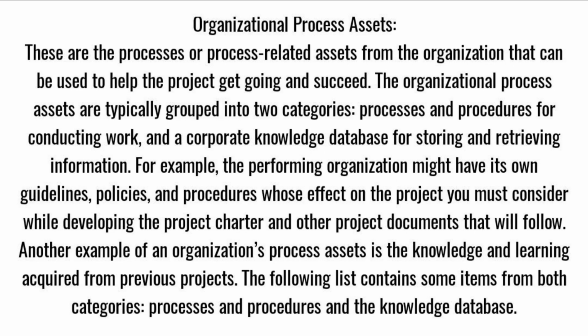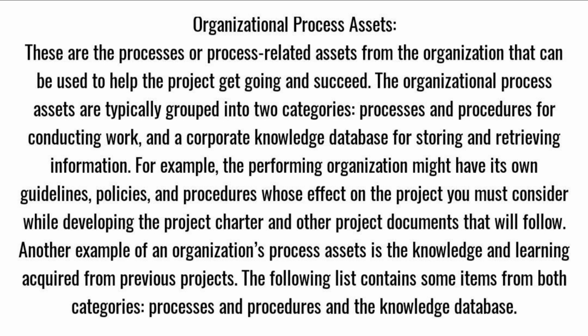Organizational process assets. These are the processes or process-related assets from the organization that can be used to help the project get going and succeed. The organizational process assets are typically grouped into two categories: processes and procedures for conducting work, and a corporate knowledge database for storing and retrieving information.